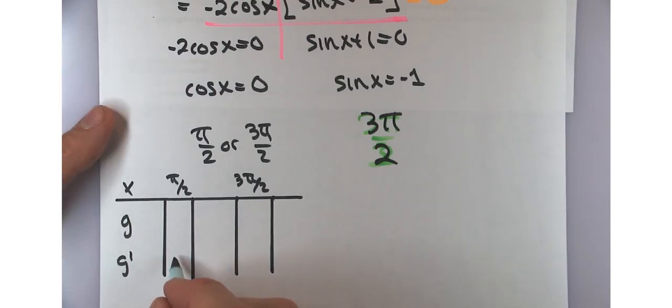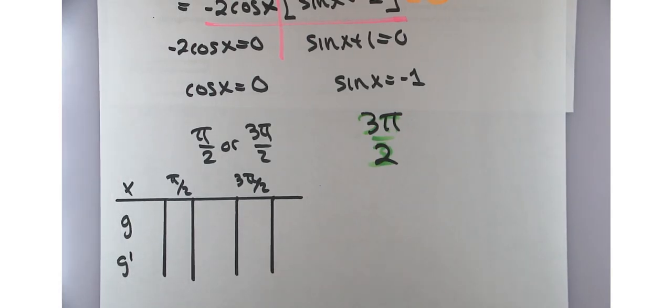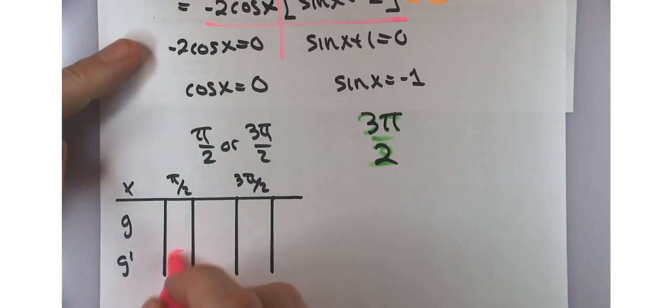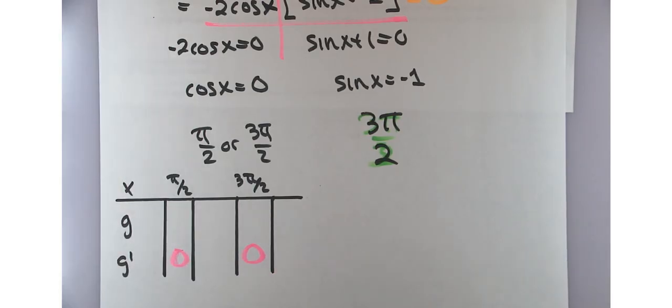So these values are 0, so you expect a horizontal tangent here and here. You could plug this function into your calculator and test some points, find it positive, negative, etc.